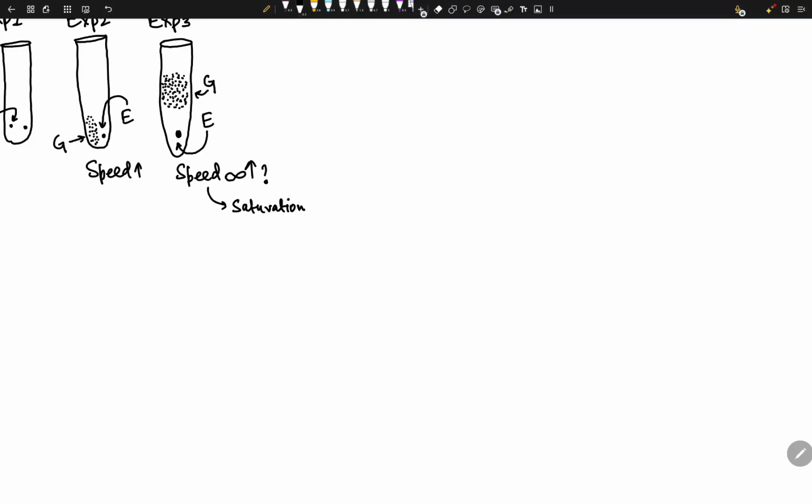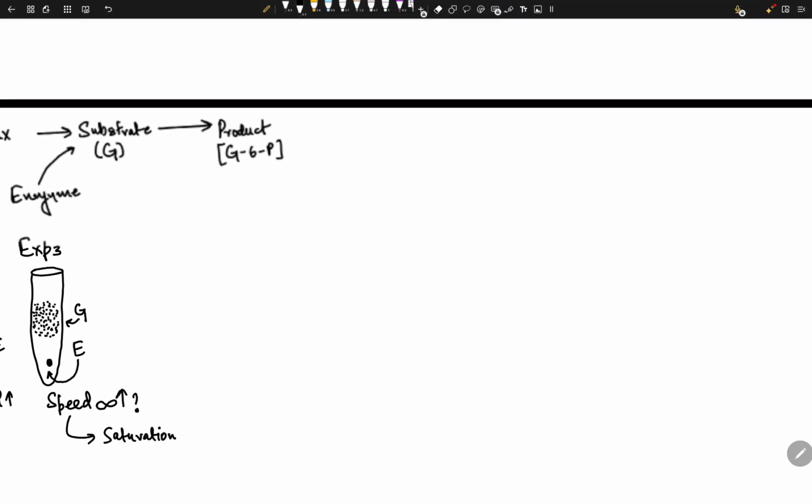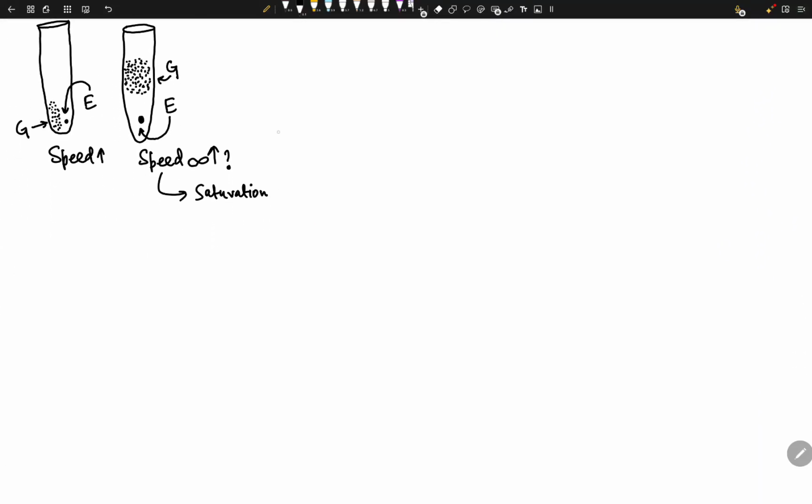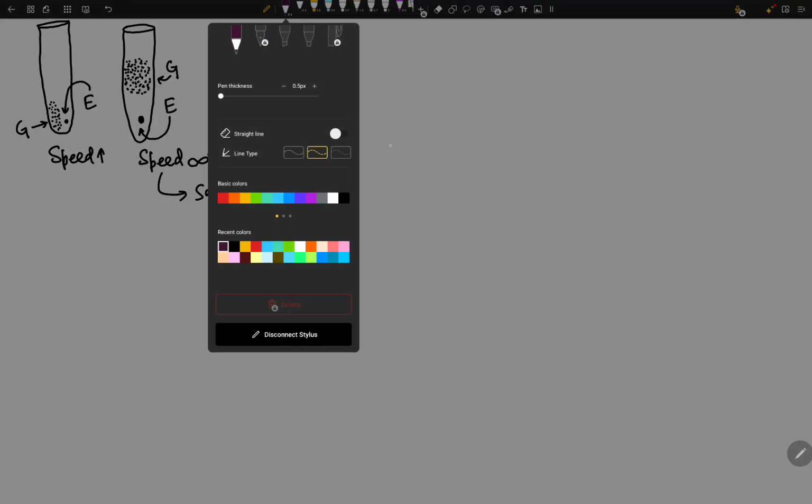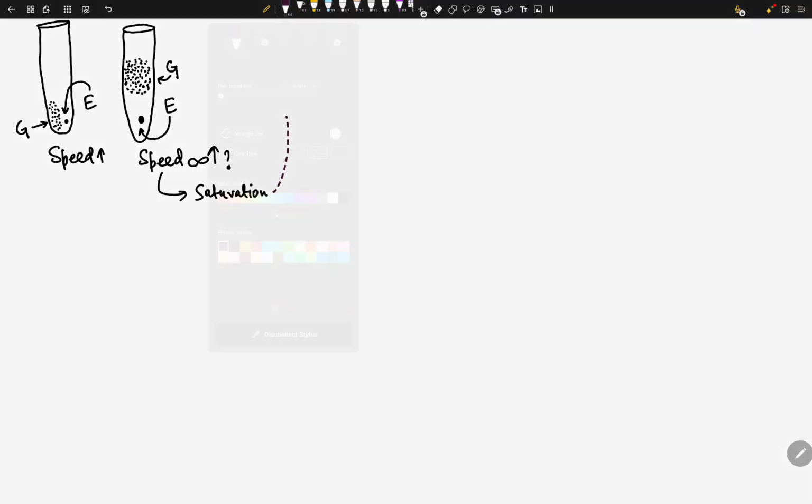This enzyme behaves exactly in the same way. This maximum speed has a name. What is it called? It's called vmax. So the concept here that I'm trying to push is vmax.